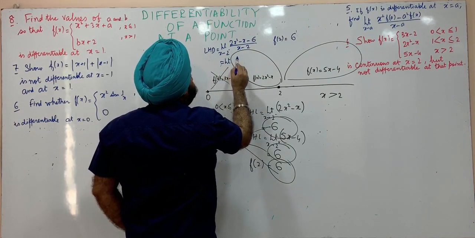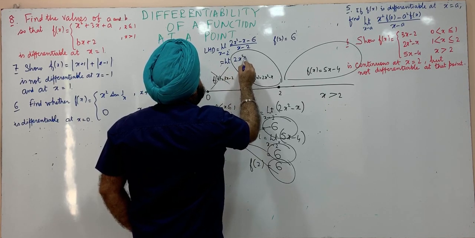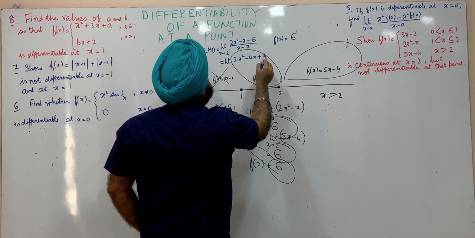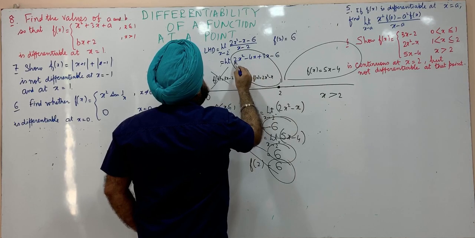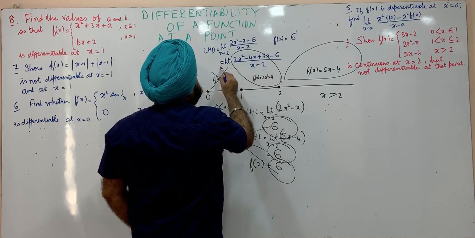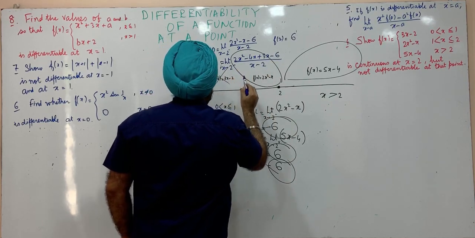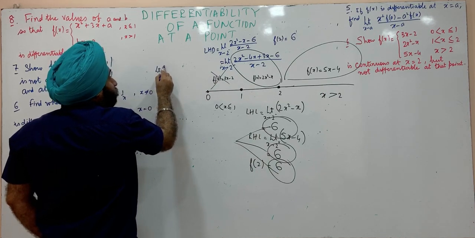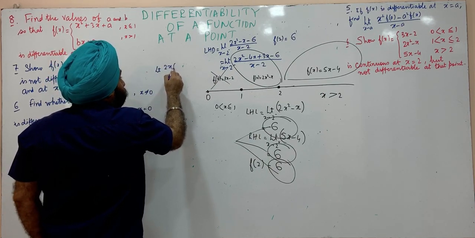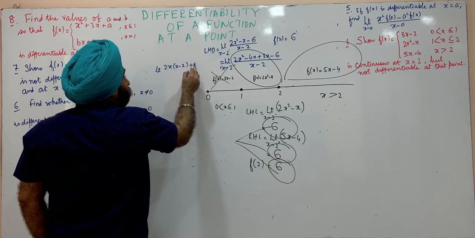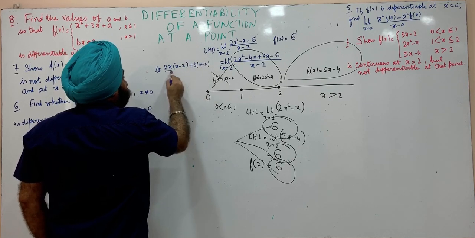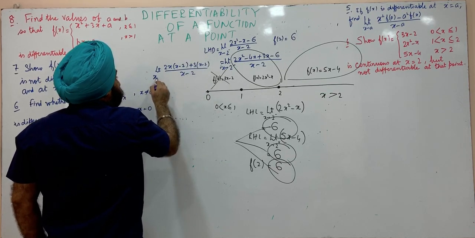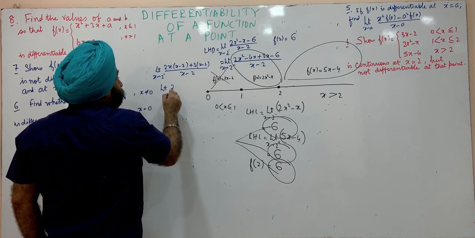This is limit of 2x square minus 4x plus 3x minus 6 upon x minus 2 as x approaches 2 minus. This is limit of 2x into x minus 2 plus 3 into x minus 2 as x approaches 2 minus.